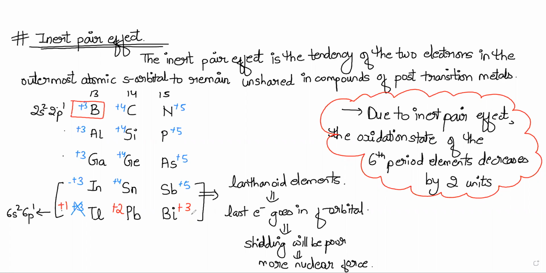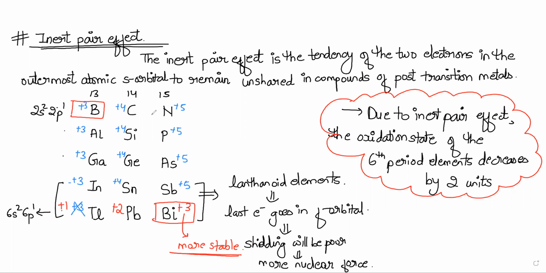So this is your inert pair effect. Due to inert pair effect, the oxidation state of the sixth period decreases by 2 units. Bismuth will also show the +5 oxidation state, but +3 is more stable. Why? This is due to the inert pair effect.